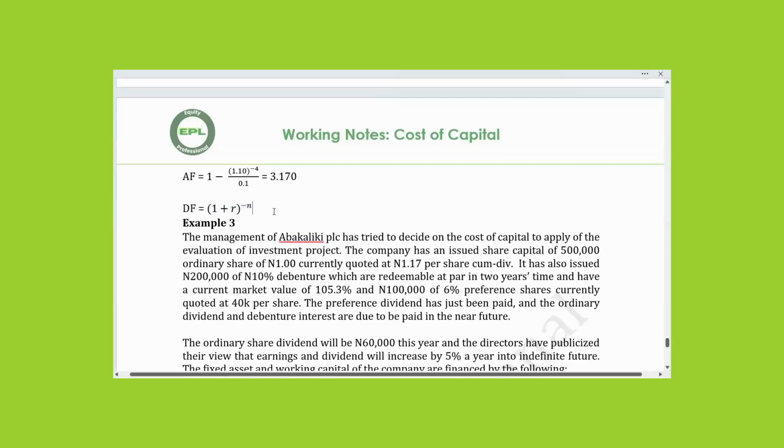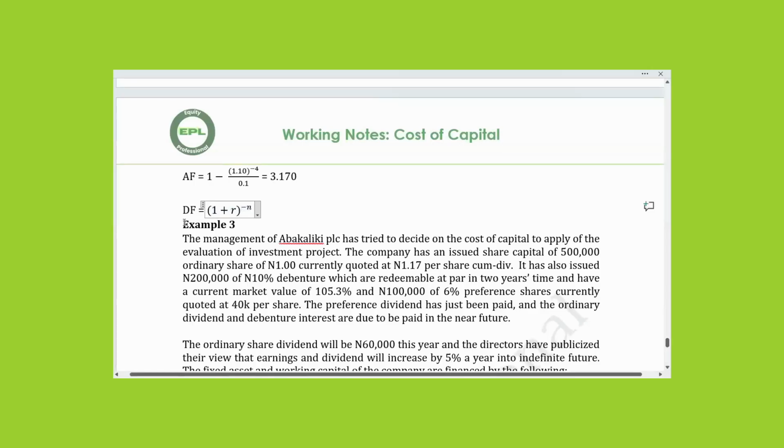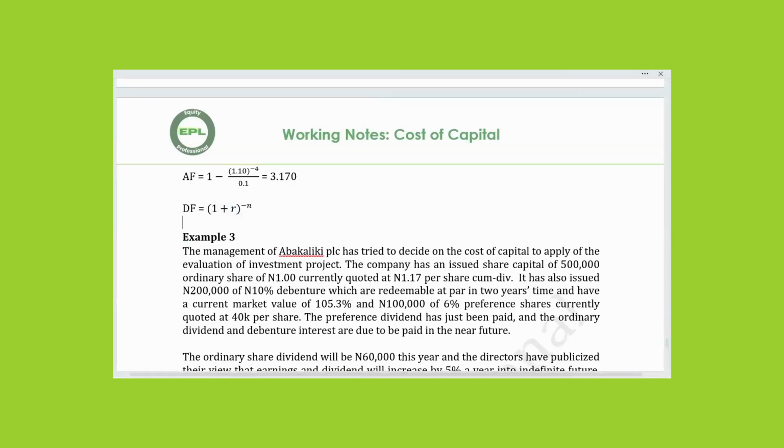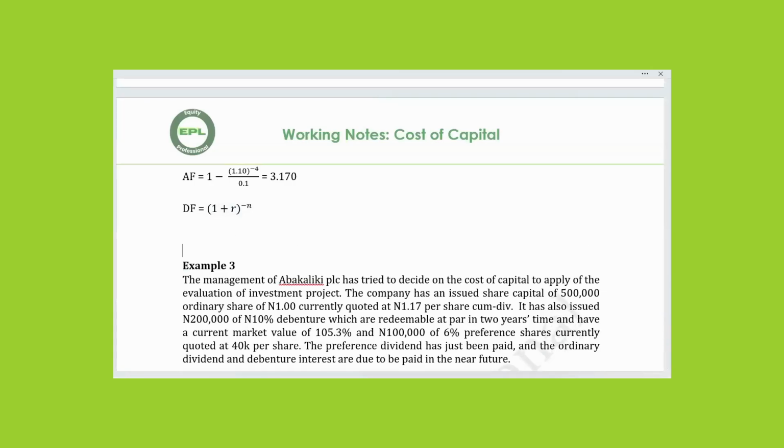So at 10% for year 1, discount factor for year 1 is equal to 1.10 raised to power minus 1.